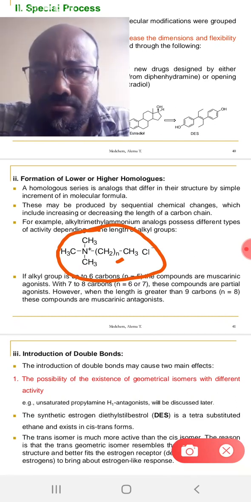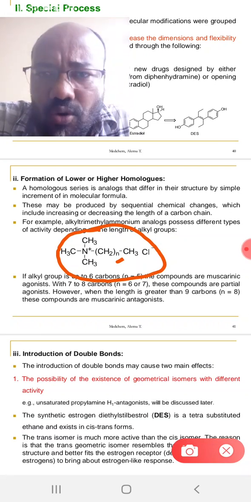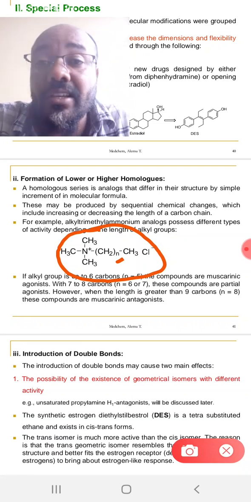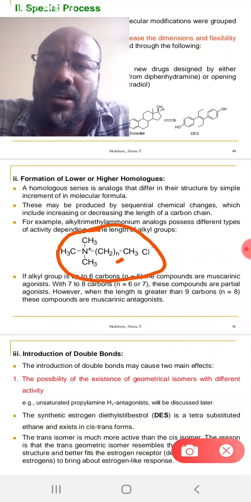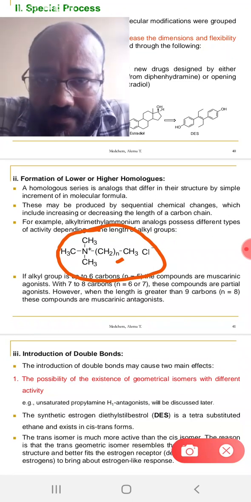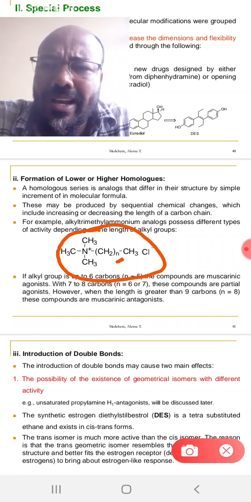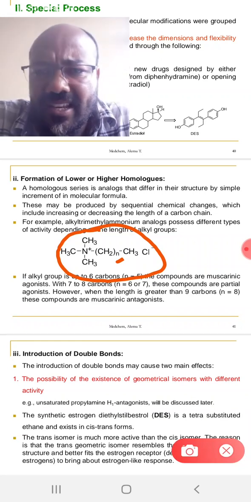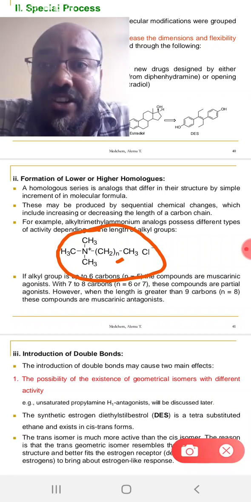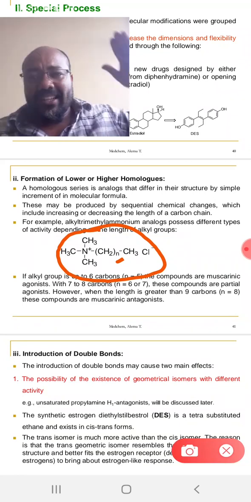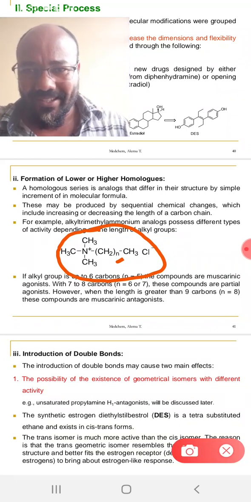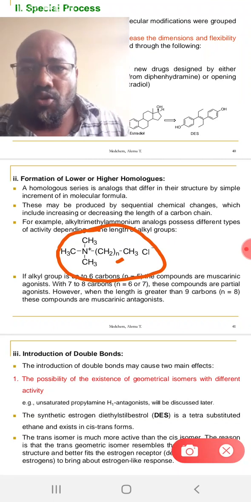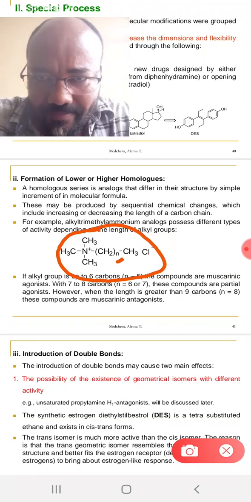When N is more than 5, that means 6, 7, or 8, it will act as a partial agonist. The agonistic activity, the activating power, will decrease. Therefore, the agonistic activity is decreasing.